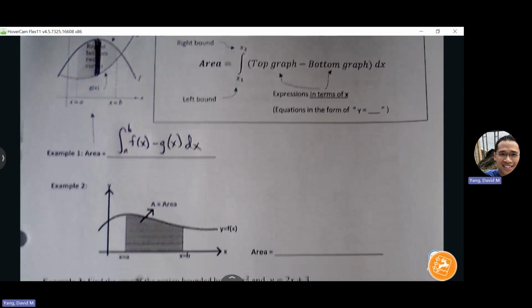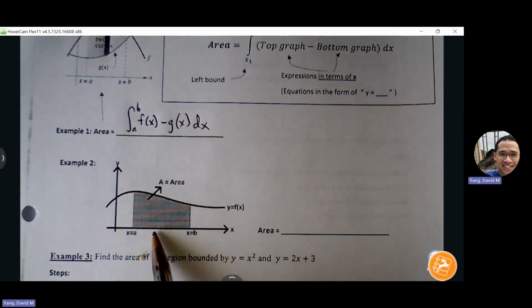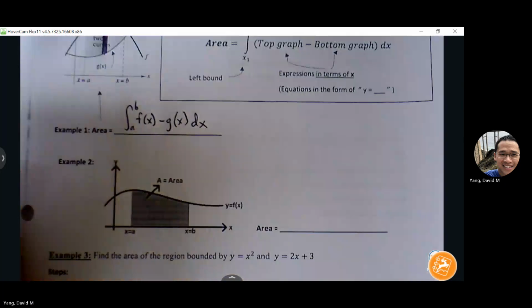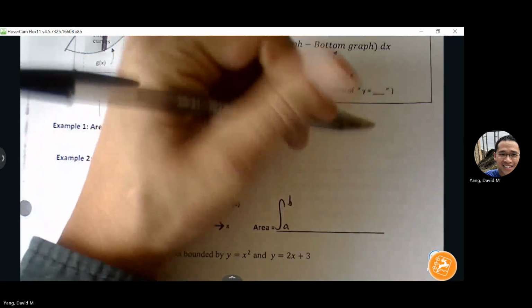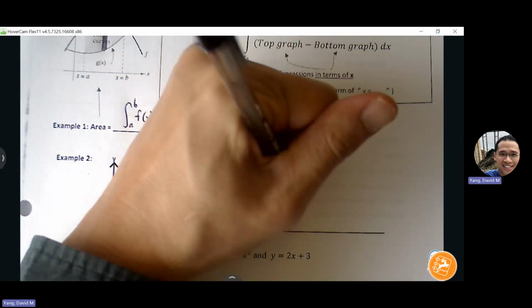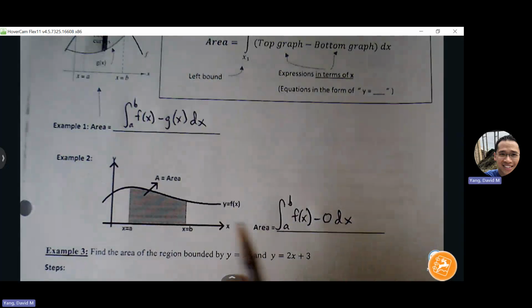Okay, so this next example here, if I want to find the area of this region, then my bottom graph is just the x-axis. So integral from A to B, f of x technically is minus 0 dx, but we can drop that 0.